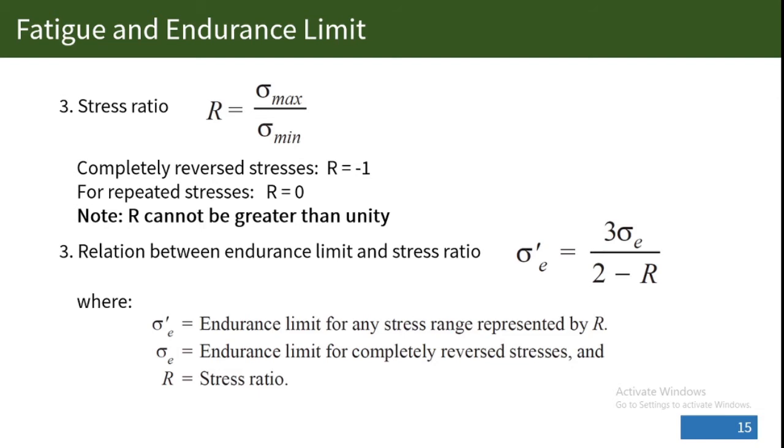This relation is represented by this expression, where sigma E prime is equal to 3 times sigma E, the endurance limit, over the quantity 2 minus R, where sigma E prime is the endurance limit for any stress range represented by R. Sigma E is the endurance limit for completely reversed stress, and R is the stress ratio.